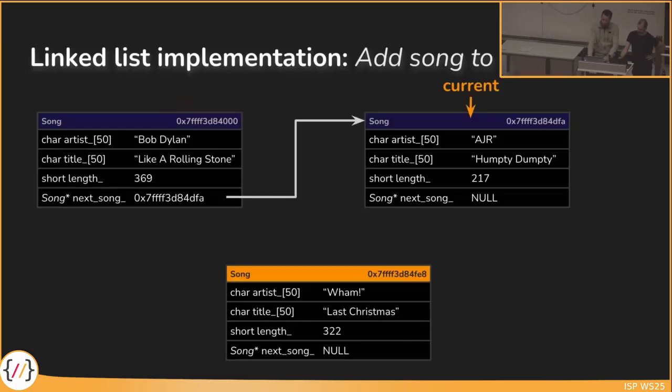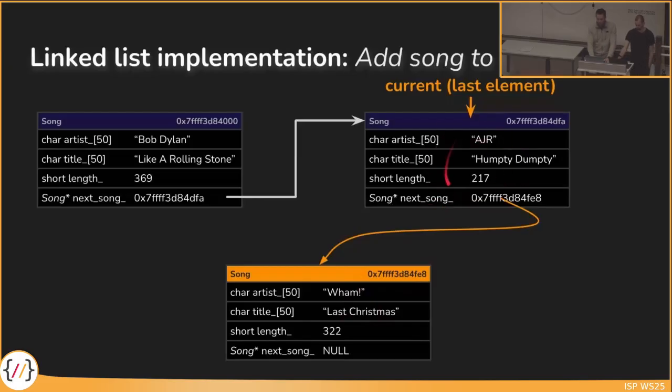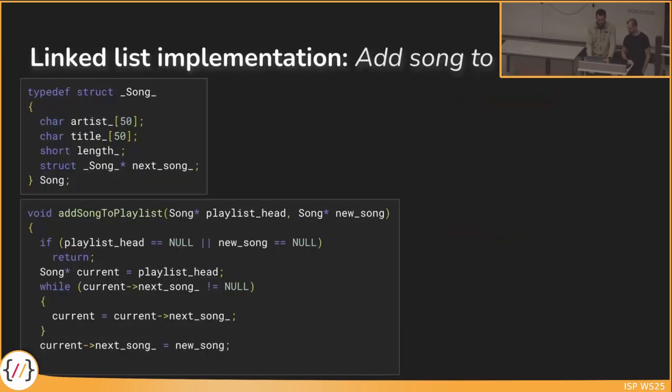As soon as we reach the end of our playlist, we can assign the value of our new song to the next song pointer of this last song. Then the last song in the playlist links to our new song. So now we have added this third song to our playlist, which is now the last song in our playlist.